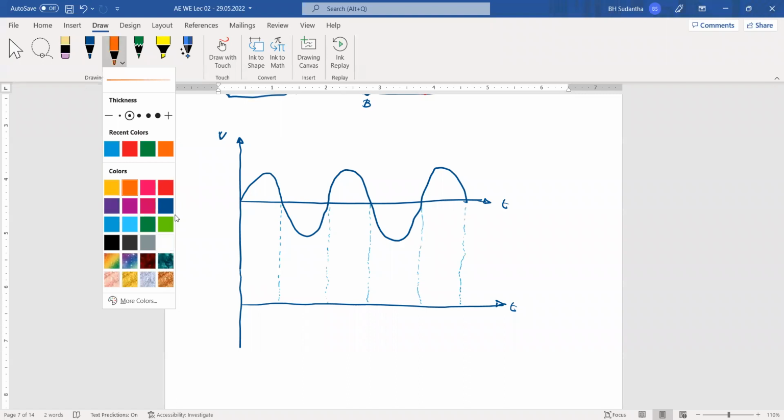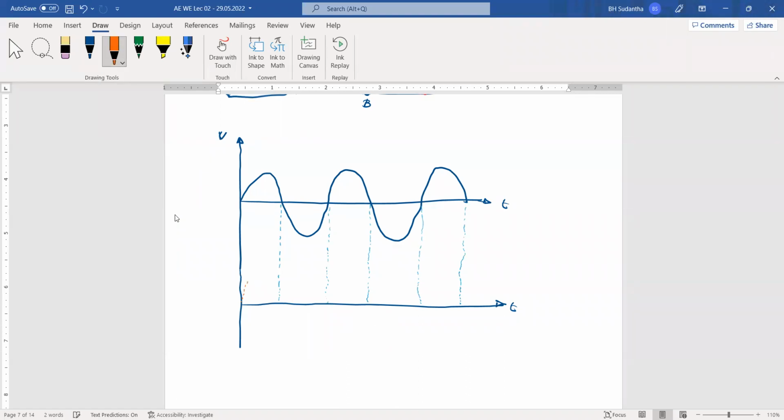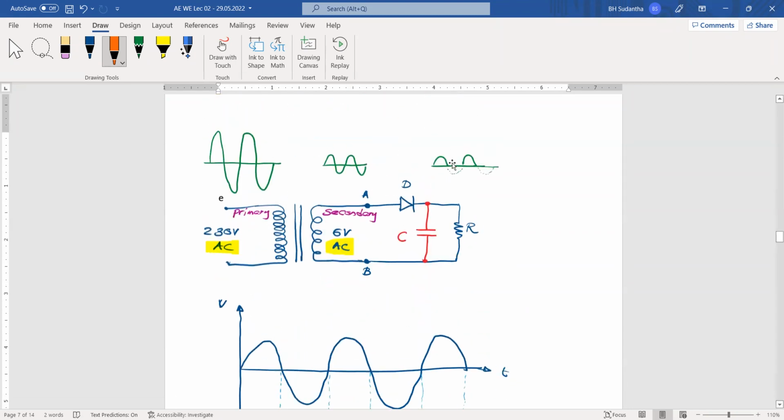What we expect is that these positive cycles should be there, like this, and here you don't have anything from this part. Again, after that, the next positive cycle should be there. And here we don't have anything. And again, the next positive cycle should be there. That's what we received from the previous one without having a capacitor.